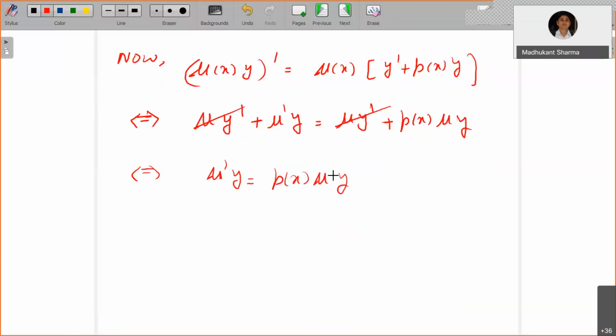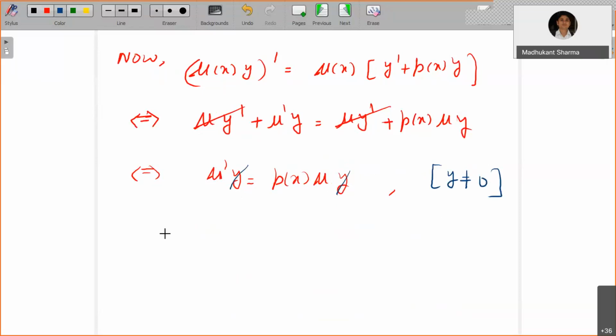And since we are also interested in searching for a non-trivial solution, y is also non-zero. So I'm assuming here that y is a non-trivial solution of the differential equation. Non-trivial means non-zero solution. So we also get rid of this y.